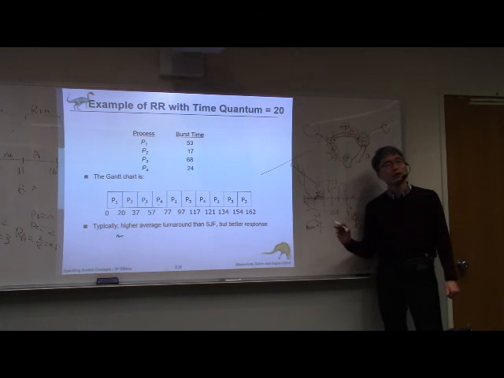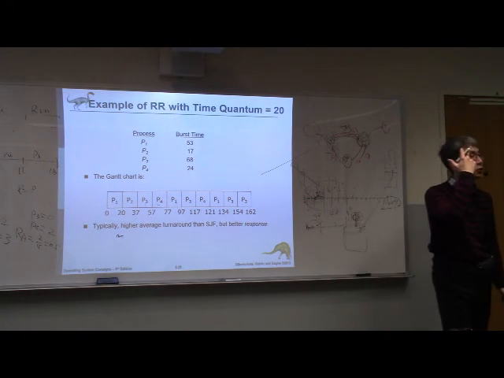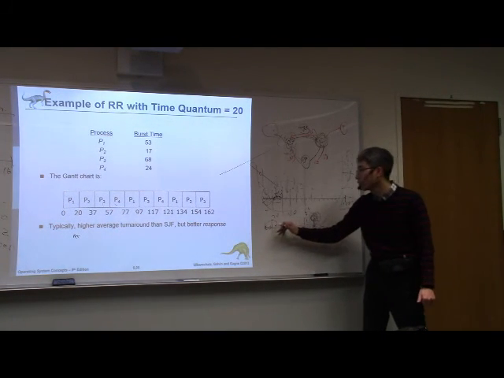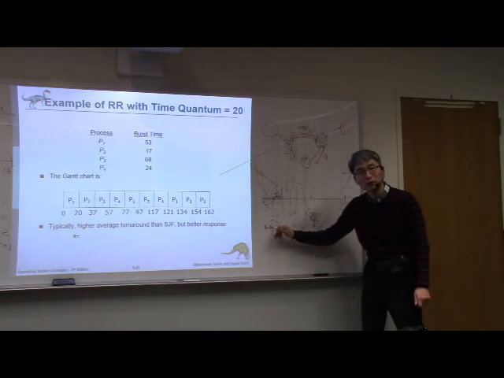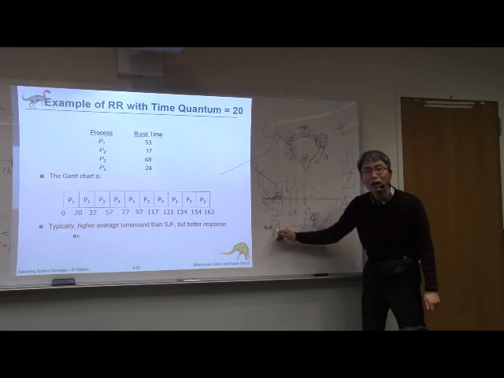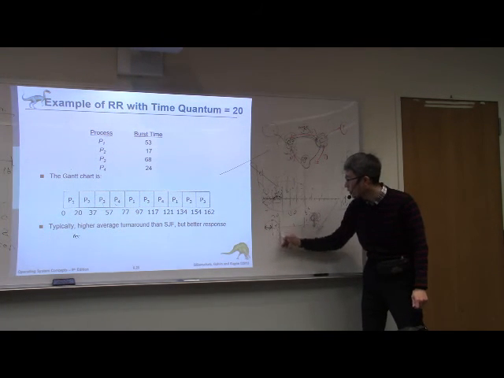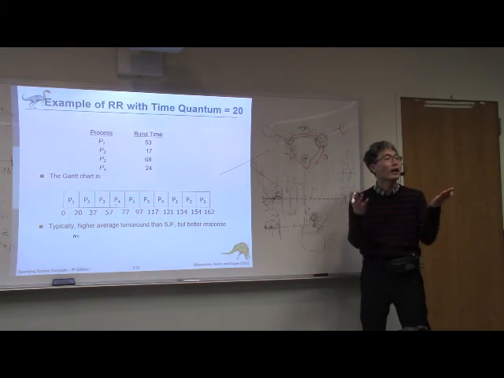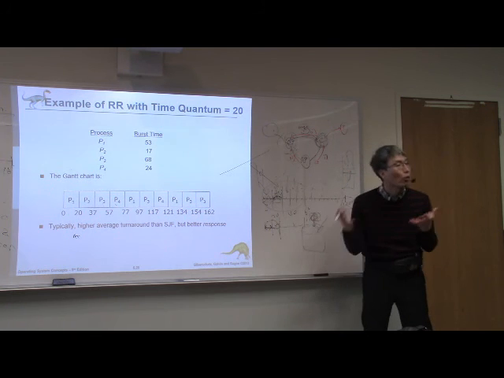What about this one? There are 2 options. You can start the next time quantum right after termination. Or you can wait until the end of the time quantum. Each one has pros and cons.